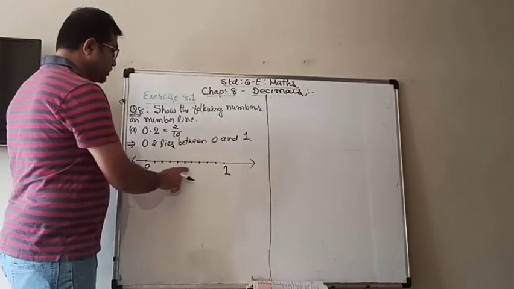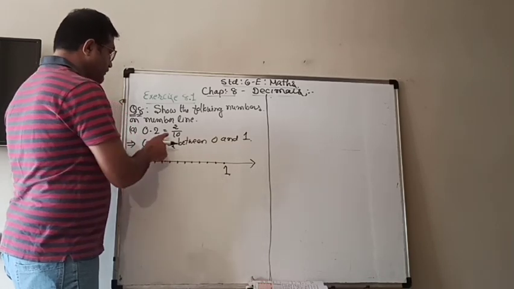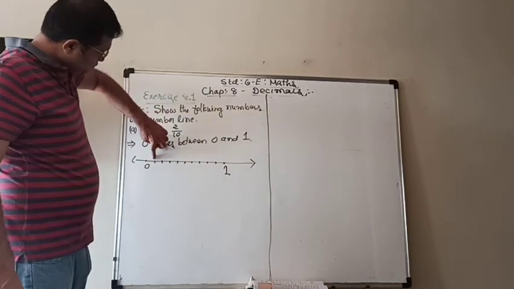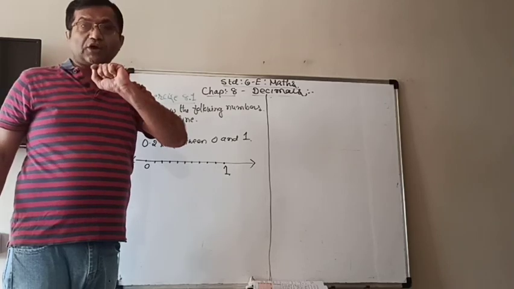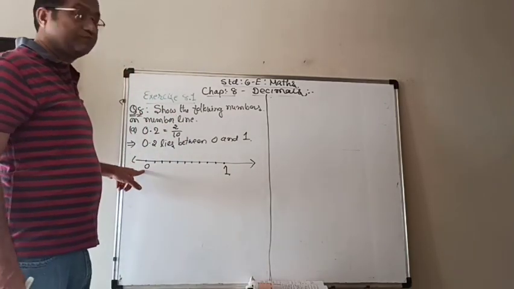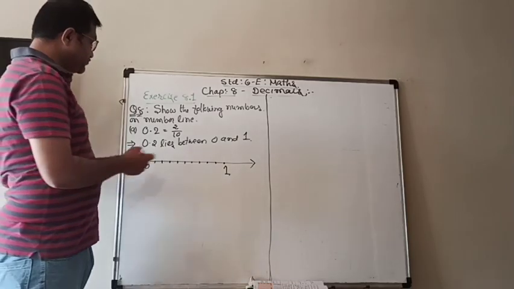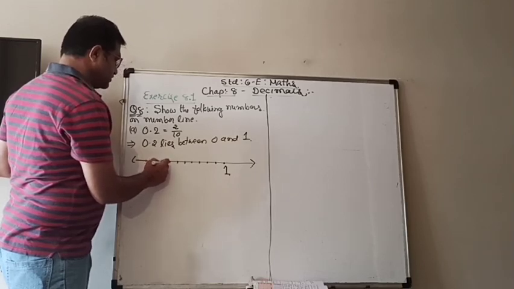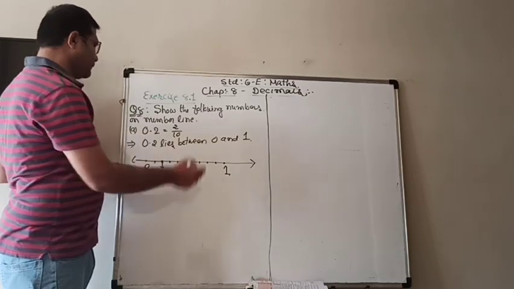Here is the chance of making a mistake, that people count 1 from here. It is not 1, it is 0. So this is the first part and that is the second part. So that number will represent 0.2.